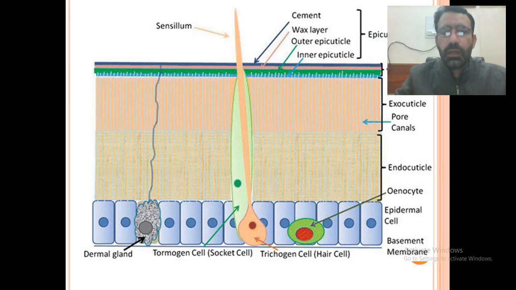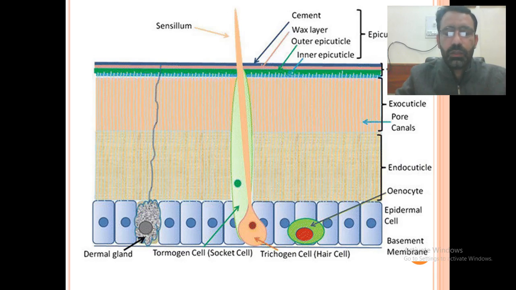Exocuticle and endocuticle are collectively known as procuticle, then epidermal cells, and then basement membrane. The epicuticle is further divided into cement layer, wax layer, and outer epicuticle and inner epicuticle. This area, the epicuticle, is comparatively smaller than the exocuticle and endocuticle.